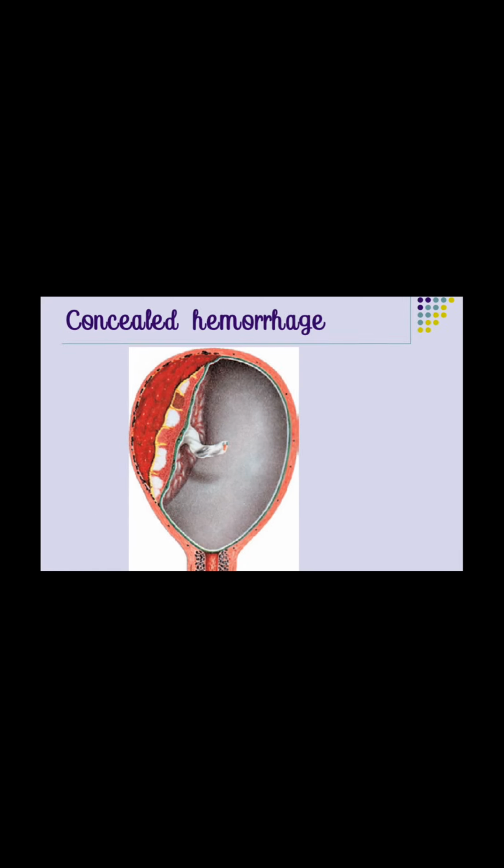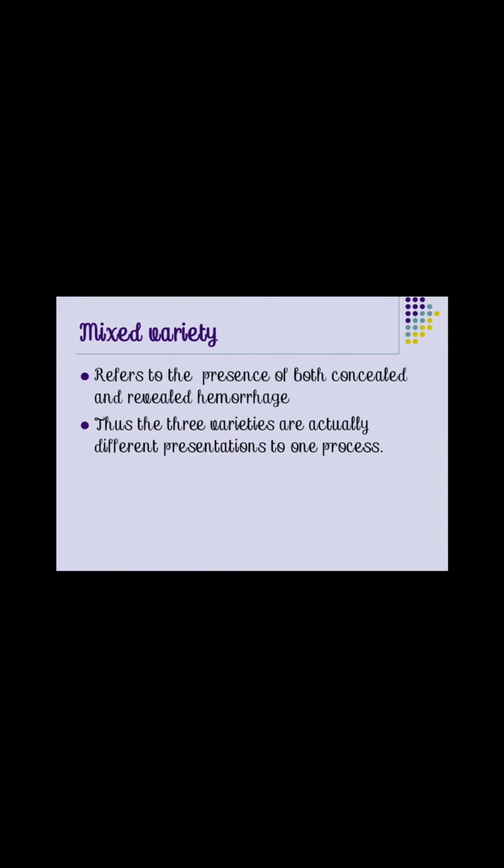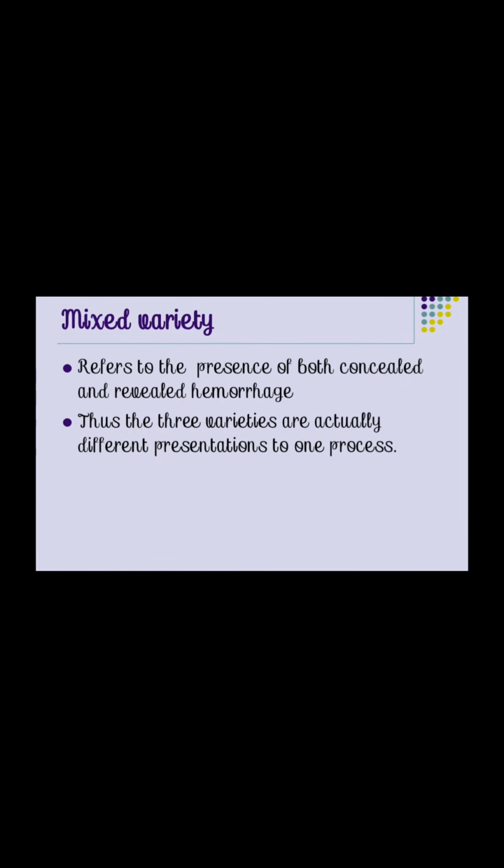Ndio kama tunavyoona pale kwenye picha, kwetu tumeona kwamba damu ilikuwa inatoka, but we see in this picture blood is retained behind the placenta, and you will not see any blood in side room examination. Hiyo ndio concealed hemorrhage. But also we have a mixed variety, referring to the presence of concealed and revealed hemorrhage.